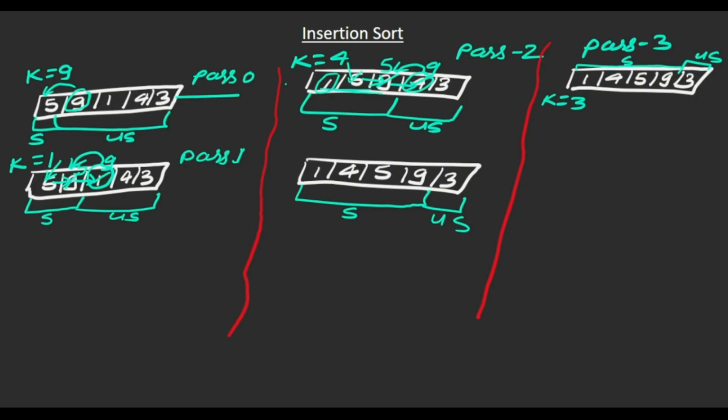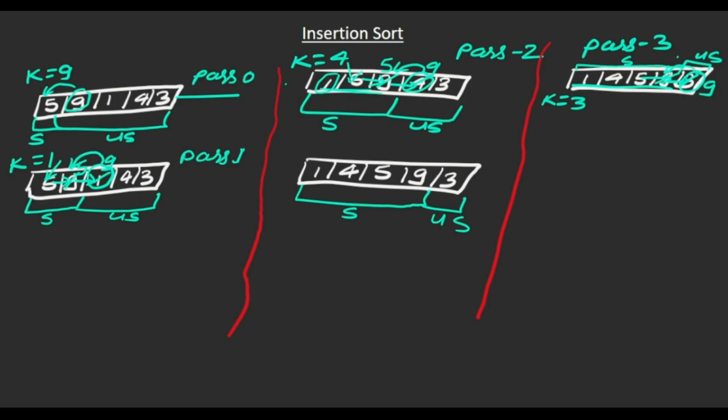Now we have to find the place of 3 in our sorted array, right? So we compare 3 with 9. Since key is less than 9, shift will happen. This becomes 9. Again 5 is compared with 3. Since key is less than 5, again shift will happen.